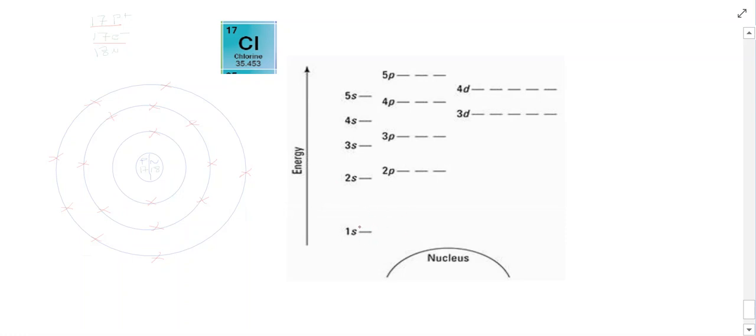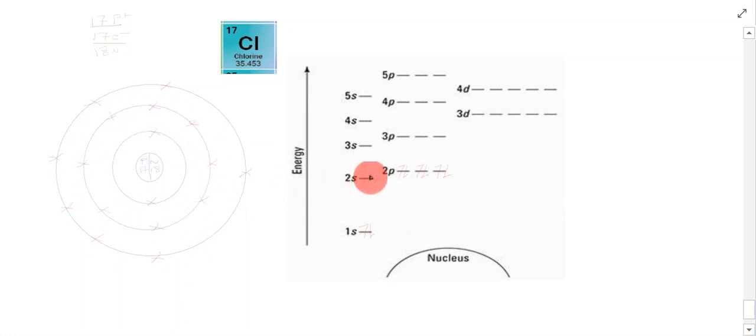So you're going to have 2 electrons here in this 1s sub-energy level. You're going to have 2 here and 6 here, like so. So we have 8 here, but when we look at this a bit more closely, they're not actually all on the exact same level.